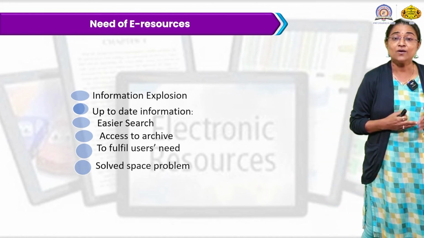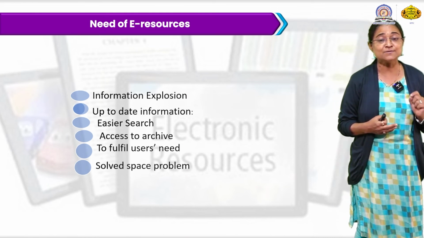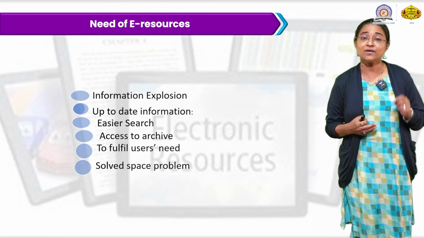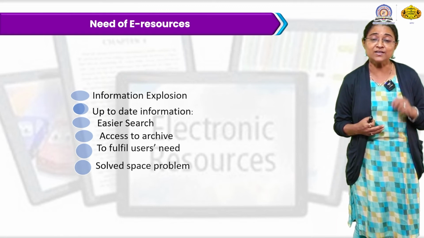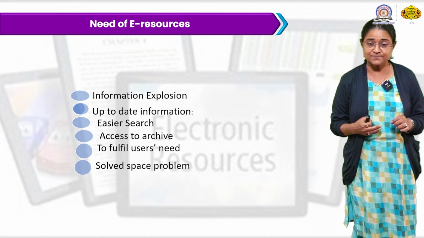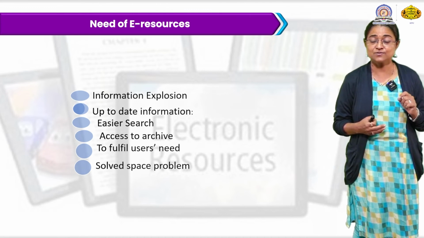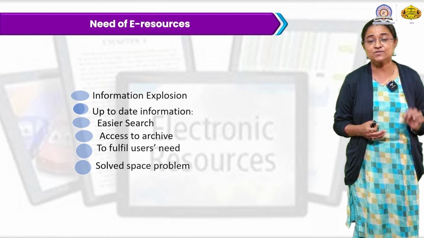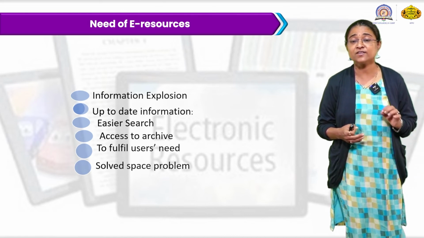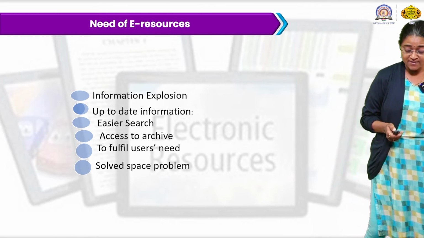So back volumes, that is archive. Archive means back volumes. So in case of e-resources, one can have access to back volumes of any e-journal. E-resources fulfill the users' needs and solve the space problem, that is already discussed.